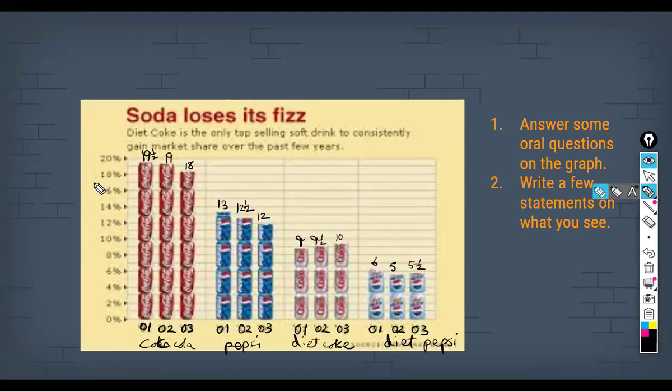So if you're in maths, this is the y-axis, right? So this is market share, that's the numbers. What else do you see? You see the years, and so then you see time. And this is the x-axis, right?